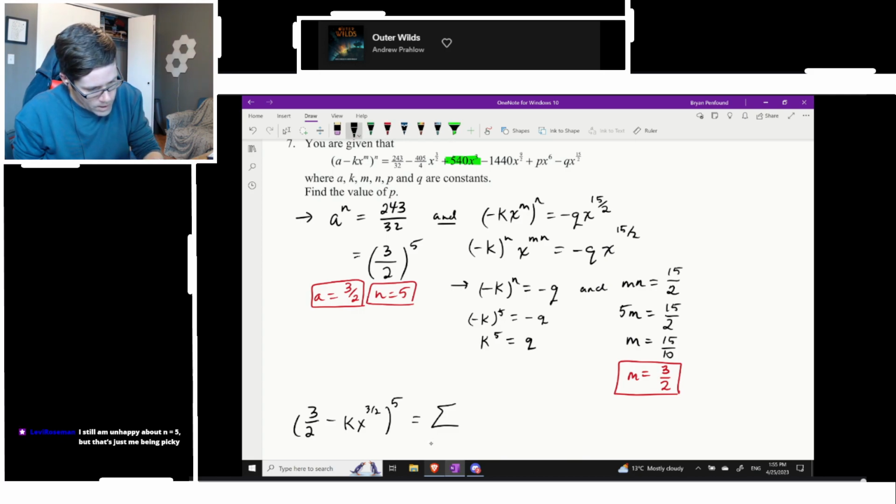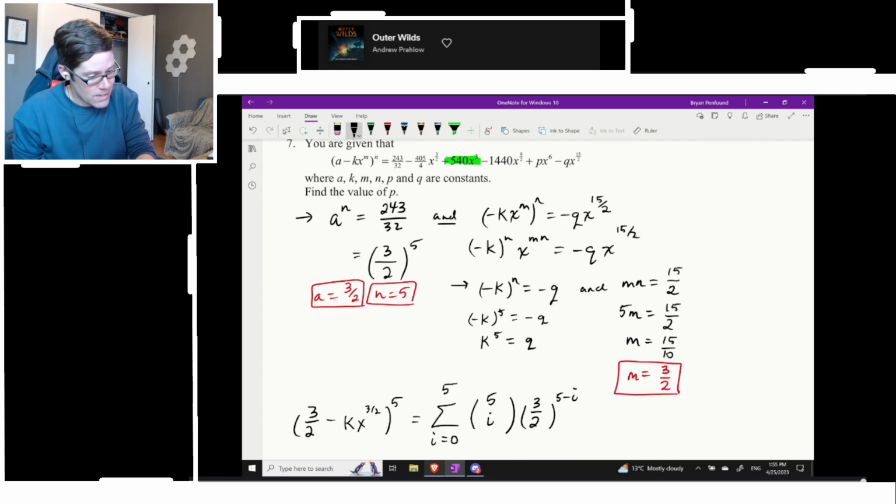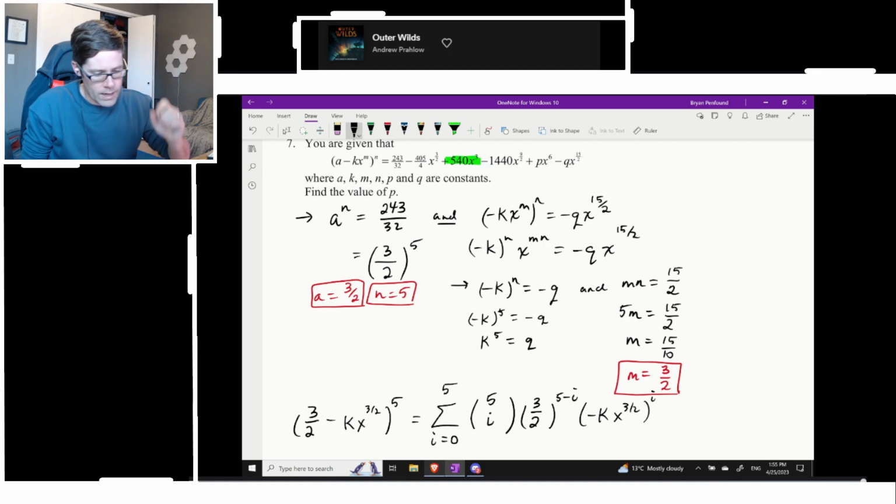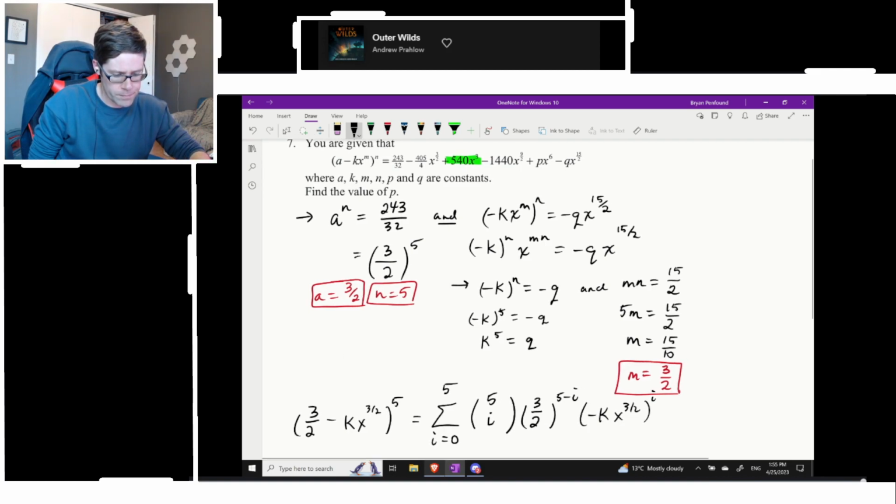Okay, so let's let i range from 0 to 5. And this should be 5 choose i. We take the first thing, which is 3 halves, and we go 5 minus i. And then we take the second thing, which is negative k x to the 3 over 2, and we raise that to the power of i. I think it's something like that, right?